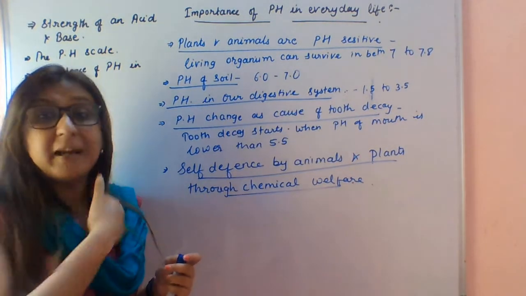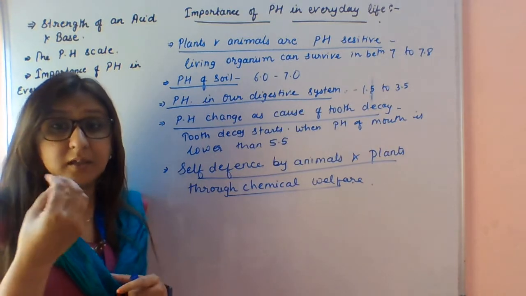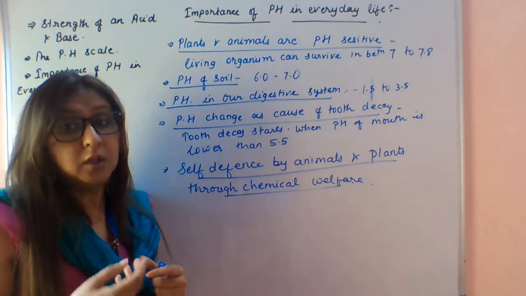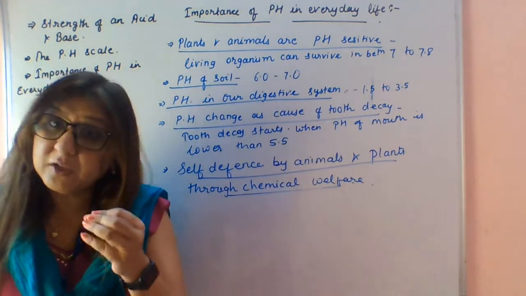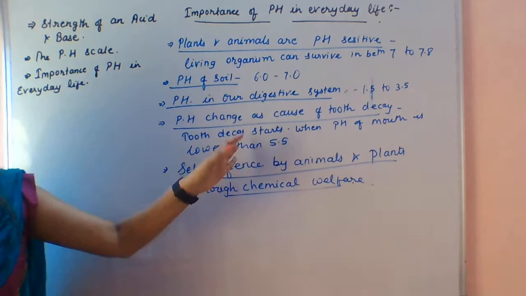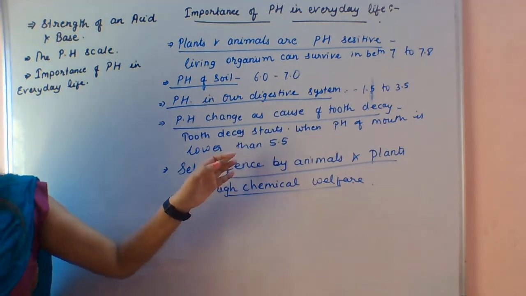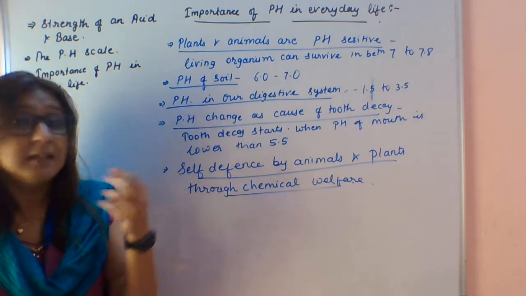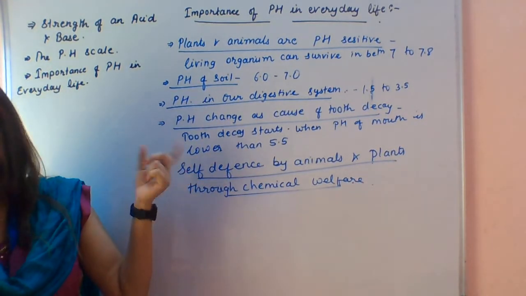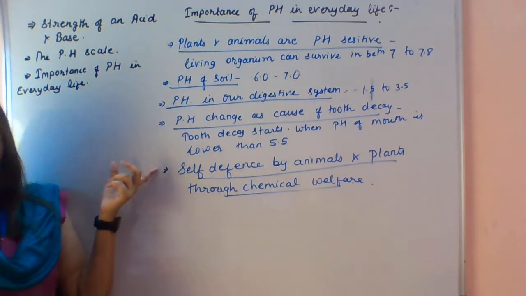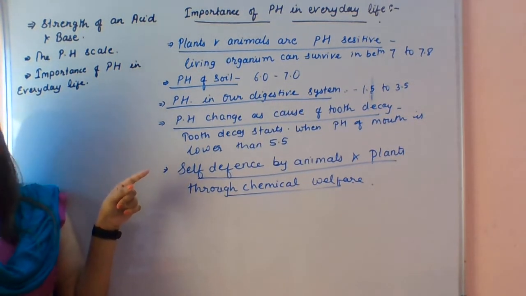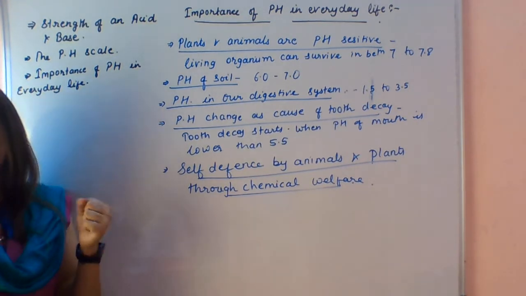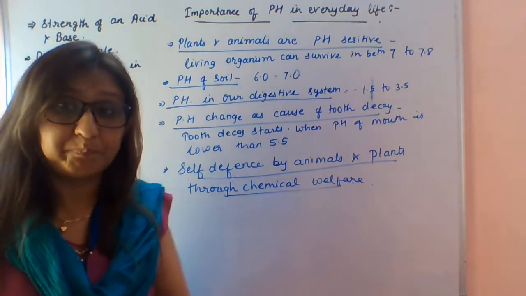If we are not brushing our teeth and food deposits accumulate in our teeth, after some time bacteria will start decomposing it and produce acid. Bacteria present in the mouth produce acid by degradation of sugar and food particles remaining in the mouth after eating.